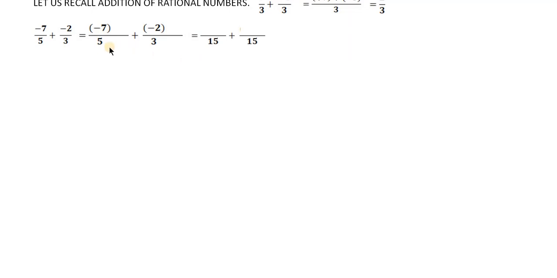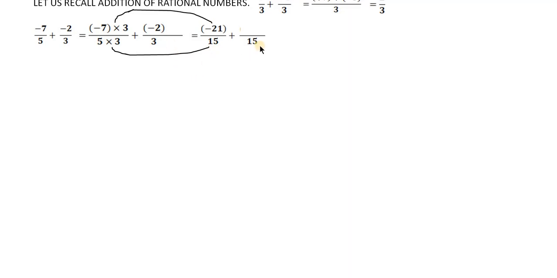So you will write both denominators as 15. This 5 has become 15, so you multiply 5 with 3. 5 3s are 15, so you multiply the numerator also with 3. Minus 7 into 3 gives minus 21.